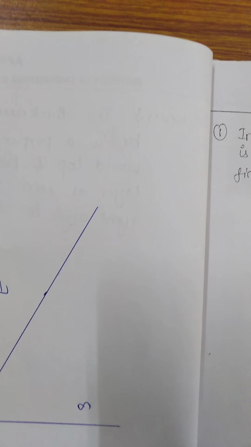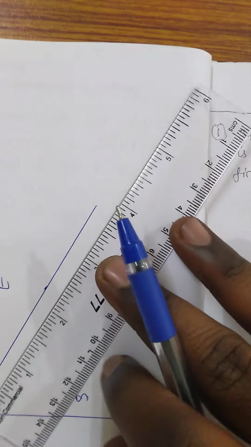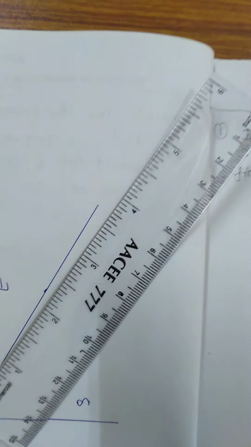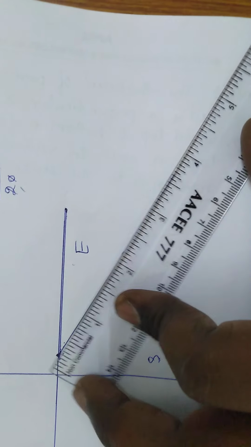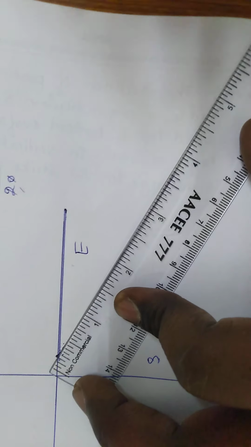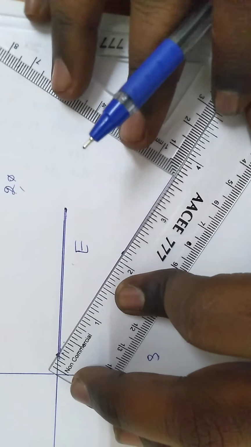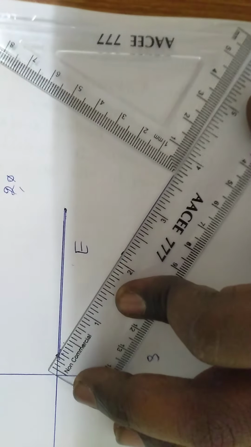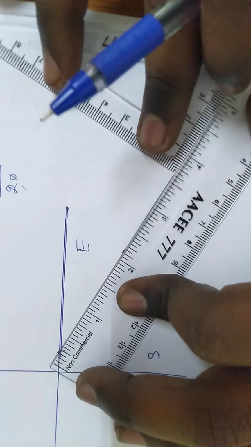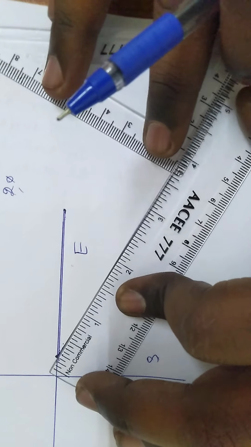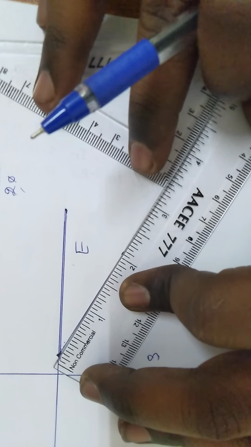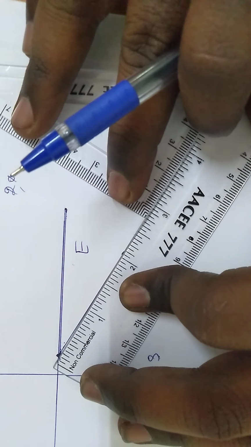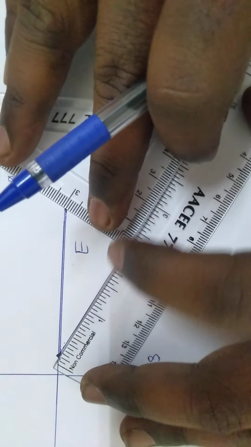Now you need to take the set square and keep the scale like this. After that, keep the scale like this on this inclined line, take the set square, and move slowly up to this point.